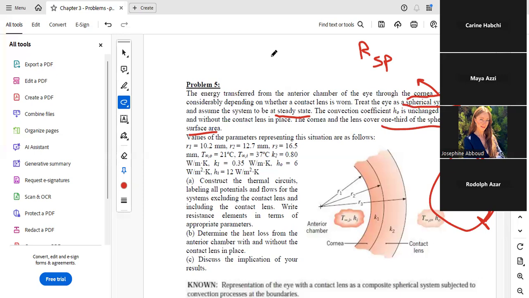If I tell you I can calculate the resistance for the whole sphere, now I am not dissipating heat from all directions. For my eye, I'm just dissipating through 1/3 of the area. So what will happen to the resistance? It will be higher.